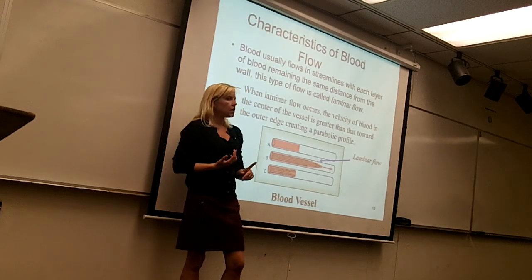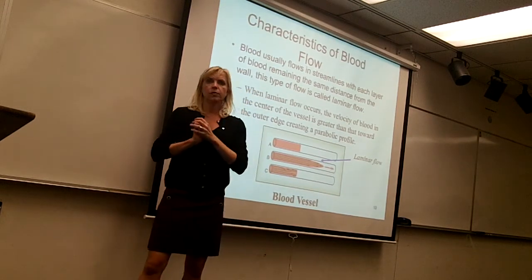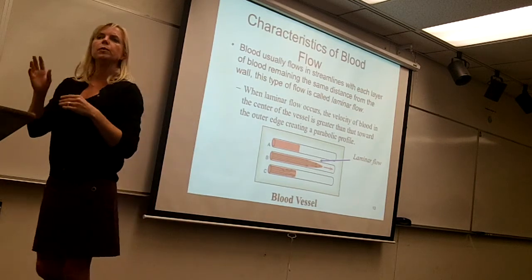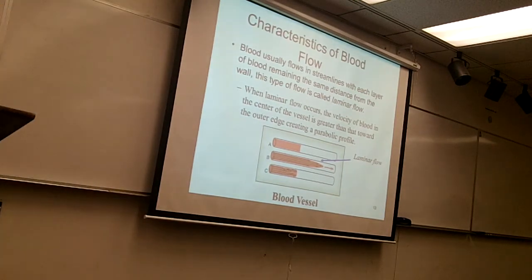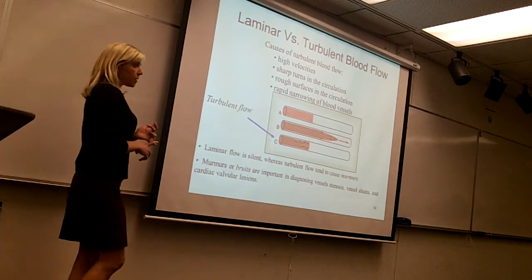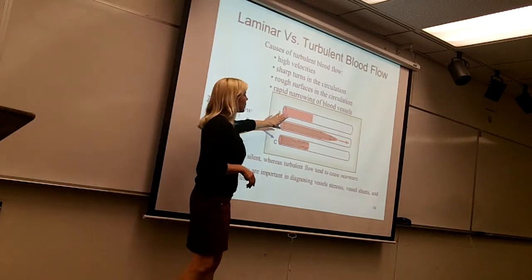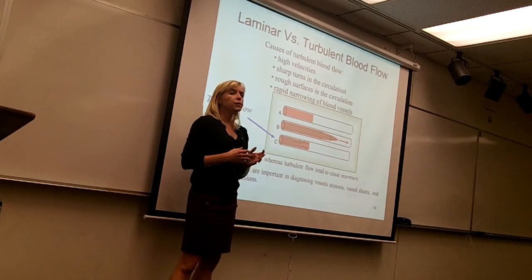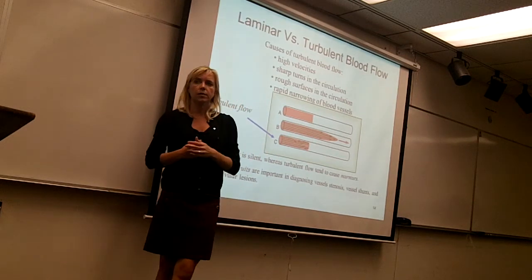In letter C, you are seeing turbulent flow: swirling, eddies, bruits. And it's the turbulent flow that is going to cause sounds, as you will learn. So laminar flow is the best kind of flow. It will produce the least amount of shear stress on a blood vessel.